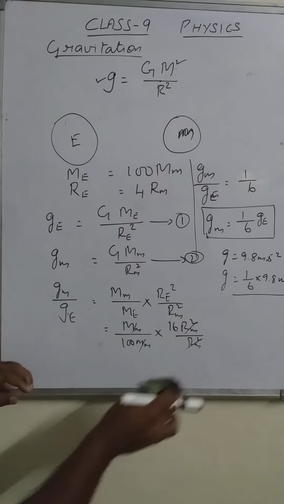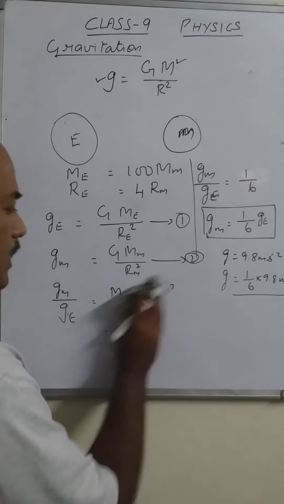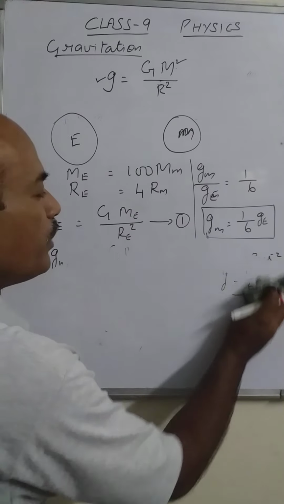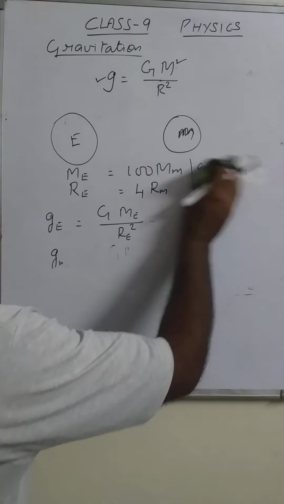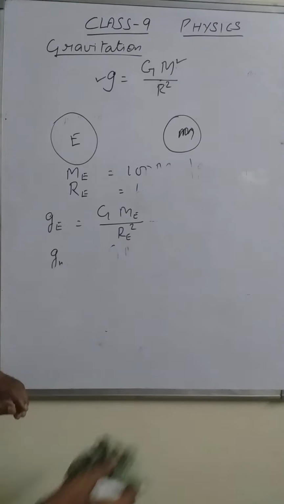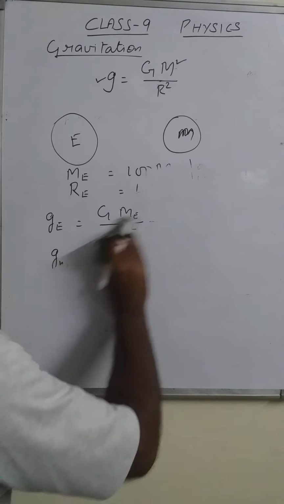After this, we can calculate the value of g. I told you g equals 9.8 meter per second square.